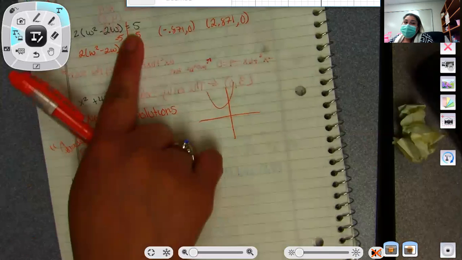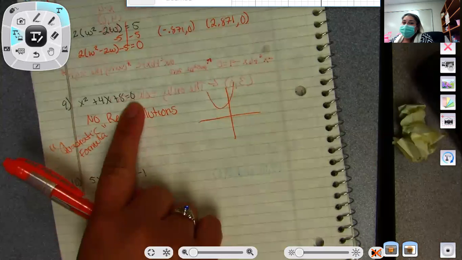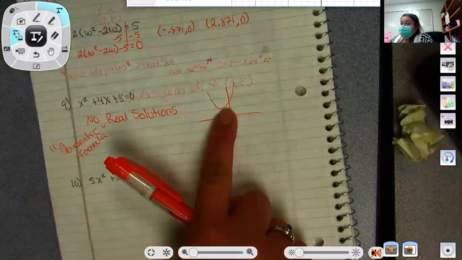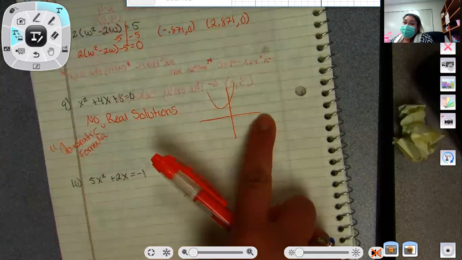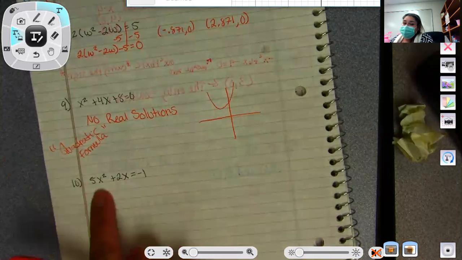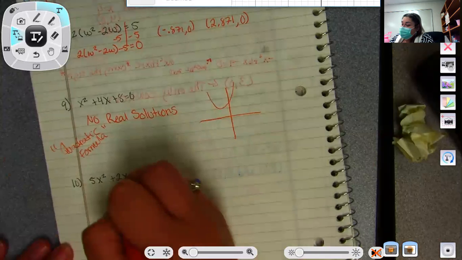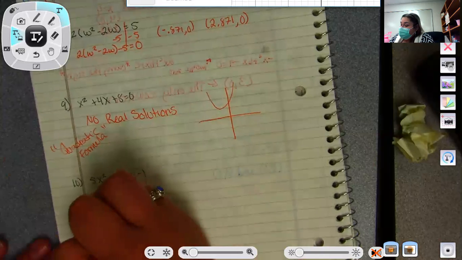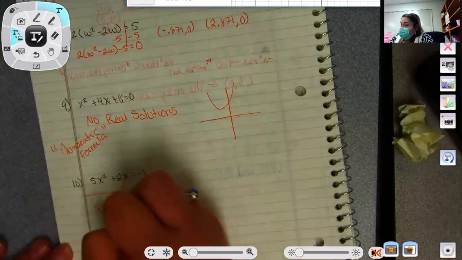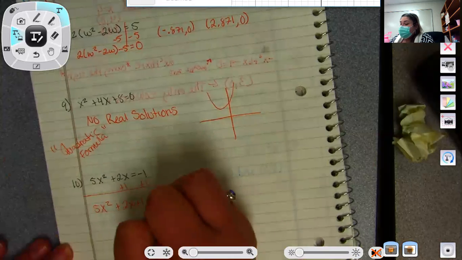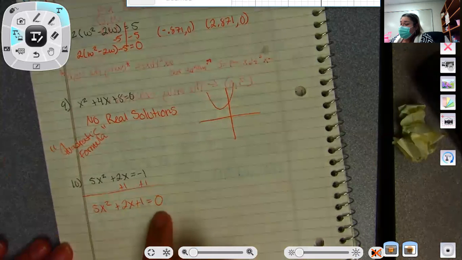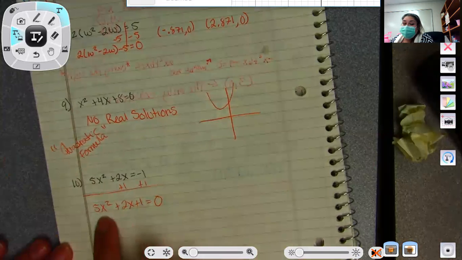Just like this one, it has to be set equal to 0 because this 0 is telling me that I want to know where this quadratic function is crossing the x-axis. So in order for this to be proper, we would have to add 1 to both sides. So you're going to have 5x squared plus 2x plus 1. Now that's set equal to 0. So now this is telling me I want this quadratic function.